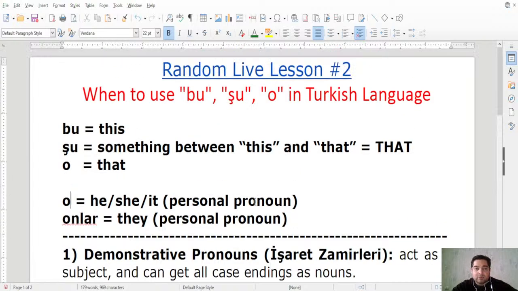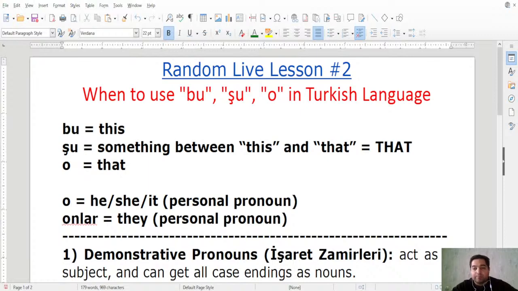That is basically it about bu, şu, o. So never confuse them. It's very simple to distinguish them. The only thing that other languages maybe don't have, and what Turkish has, is şu here. That's the only exception from other languages. Şu is just something used in between, in terms of distance.